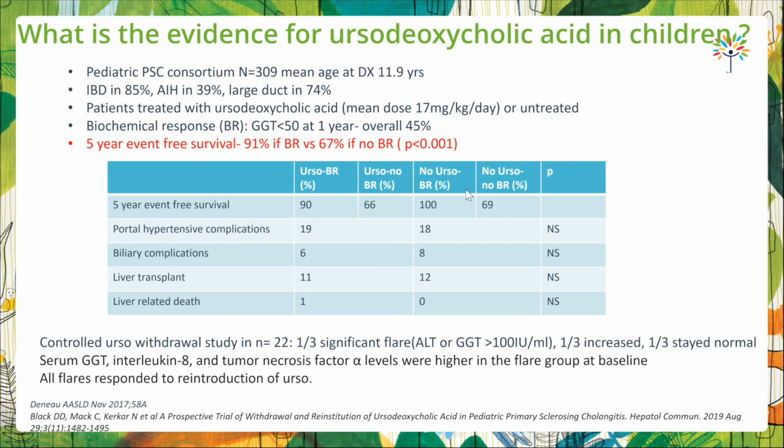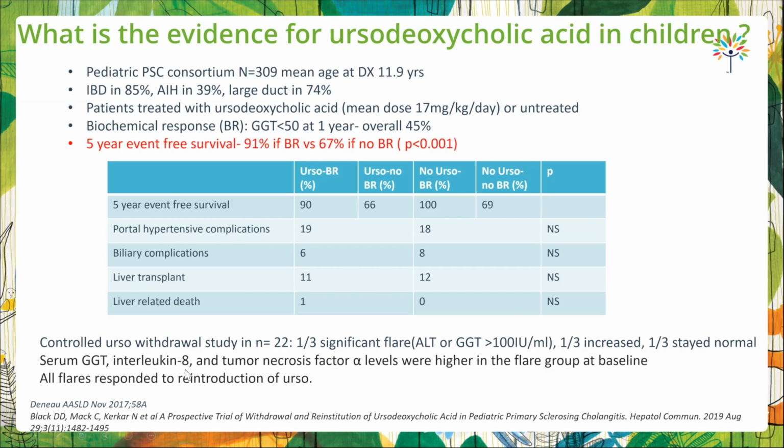The only problem is they also noted that if you don't have ursodeoxycholic acid and your gamma GT normalizes at 1 year, you also have an excellent 5 years of good health. So it seemed to be that normalization of the GGT was more important than whether you used urso or not.